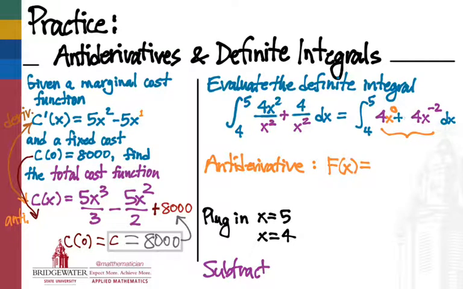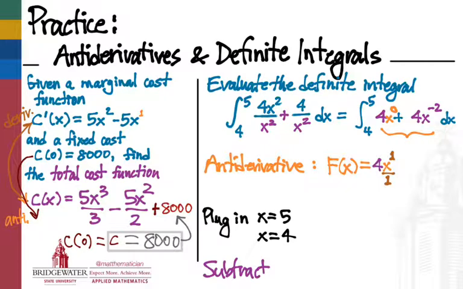What are my 2 steps to find an antiderivative for a power? Increase the exponent by 1. And then divide by that new exponent. So an antiderivative for x to the power 0 is x to the power 1 over 1.